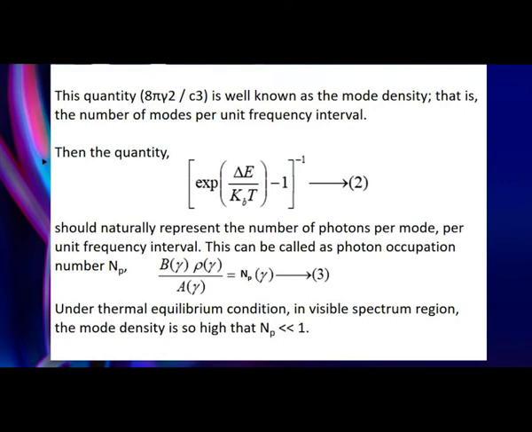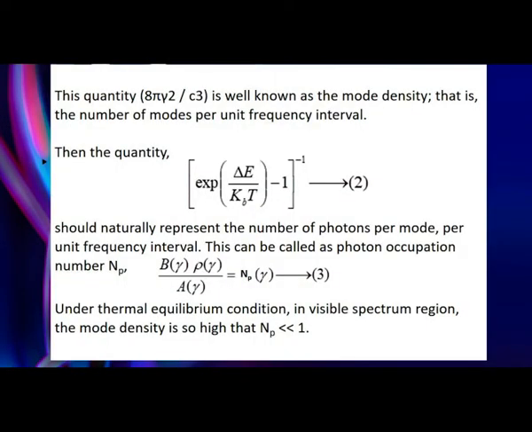Now, if you compare this equation and this equation and put them together, you will come to one simple conclusion. The quantity 1 over exponential of delta E over k b T, minus 1, where k b is the Boltzmann constant and T is the temperature, naturally represents the number of photons per mode, called the photon occupation number.